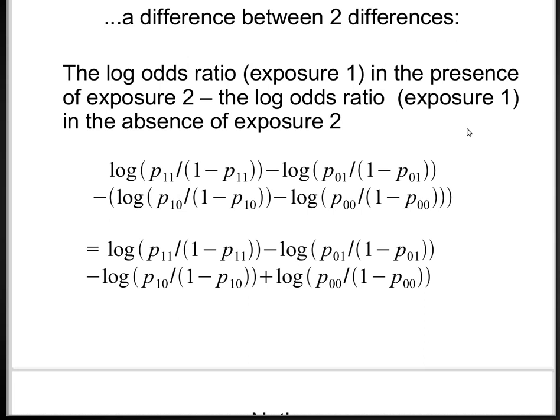That's an attractive feature, isn't it? That this expression, this is now discussing the difference between the 2 differences, keying one's attention on exposure 1, can be done so with exposure 2, and this is the common expression. You'll notice the coefficients of this expression in these 4 log odds are 1, minus 1, minus 1, 1.